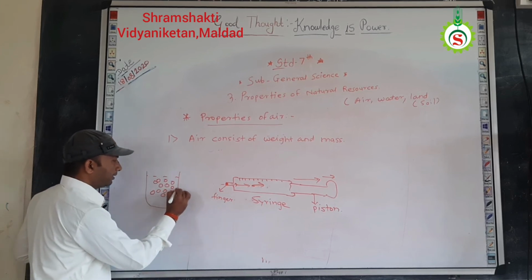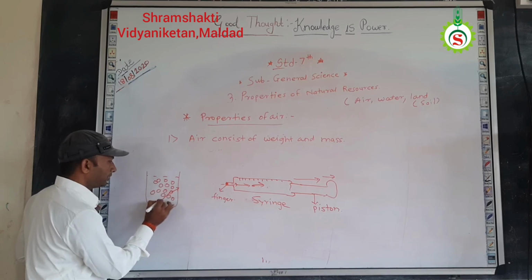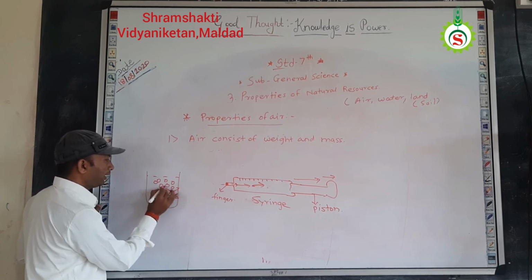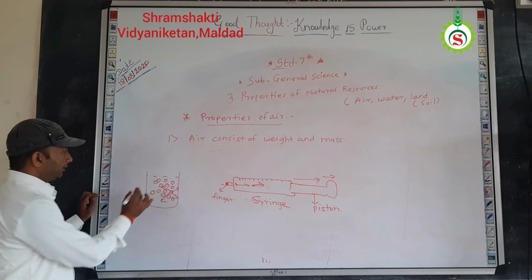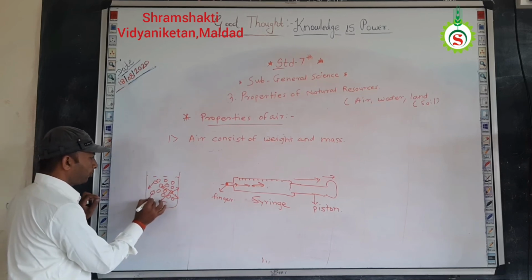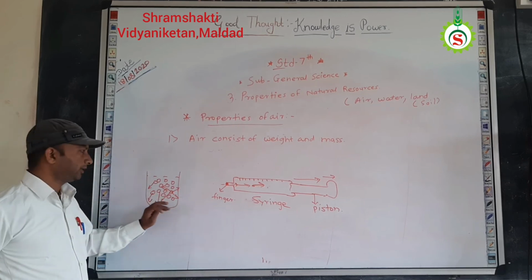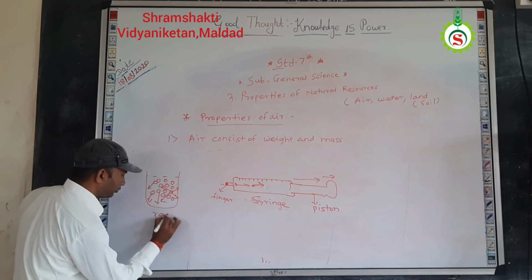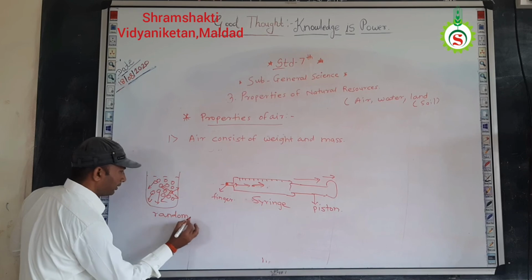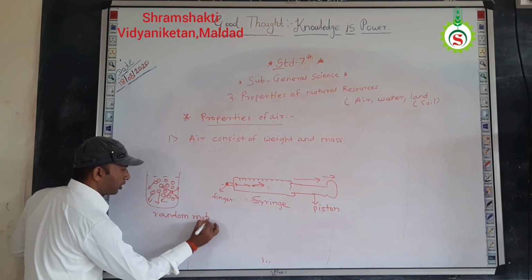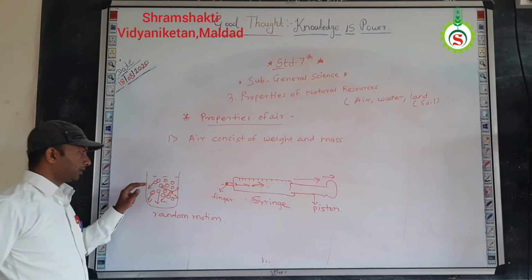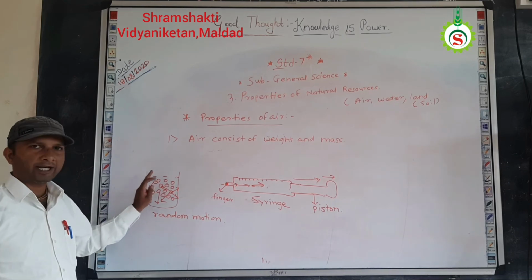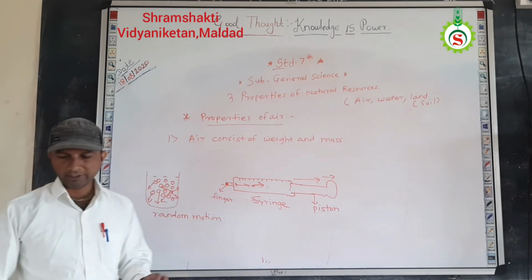These molecules continuously go upside, downside, or in any direction, moving from one place to another. This is called random motion of the air molecules.